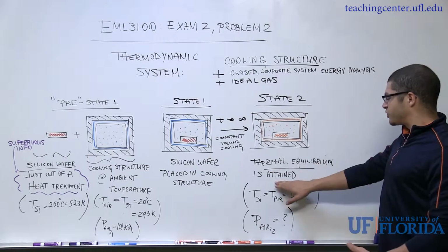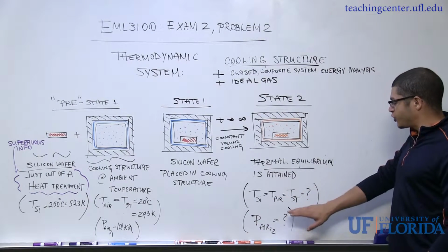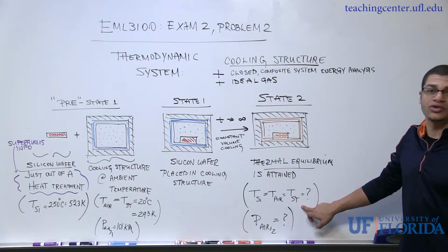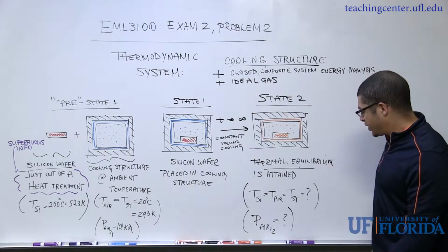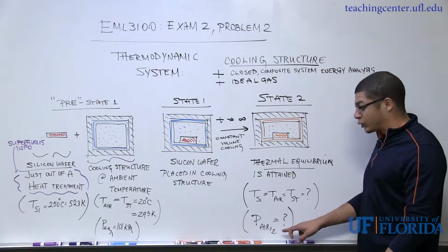Again, thermal equilibrium is obtained, and the silicon temperature, air temperature, and steel structure temperature are all going to be equal to some value, which at this point is unknown and is asked for to be solved in the problem. Additionally, the air pressure is being asked for.